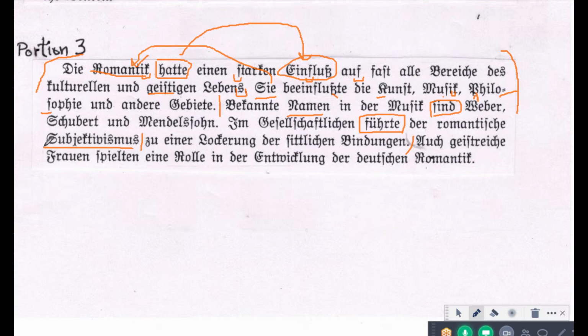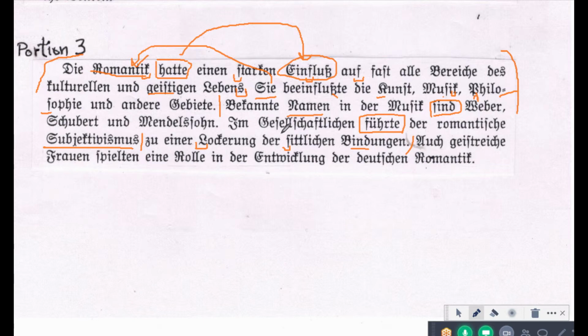So romantic subjectivity led, and then to a. Now this letter here, I couldn't recognize at first. This is actually an L, and this means a loosening of, and then this is an S. This means moral or ethical, and then this is ties, Bindungen. So here you have a prepositional phrase in the beginning.